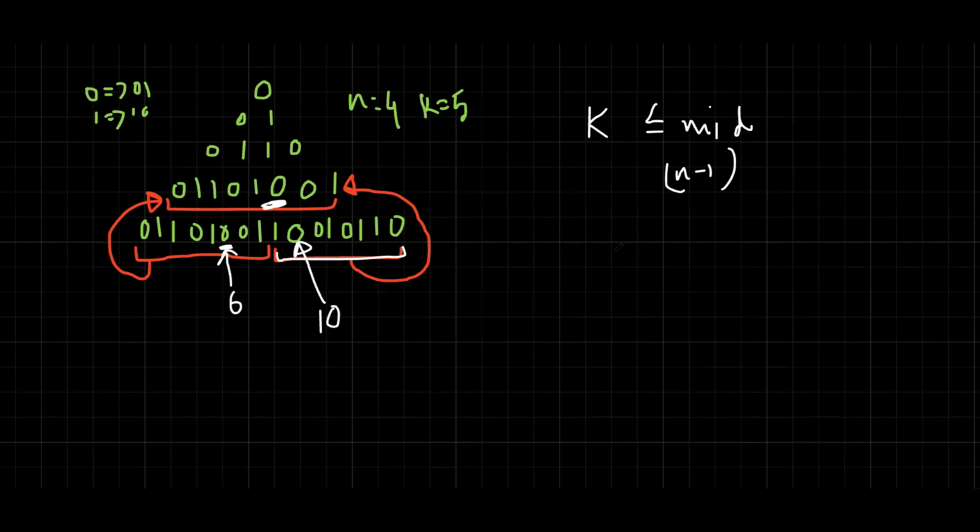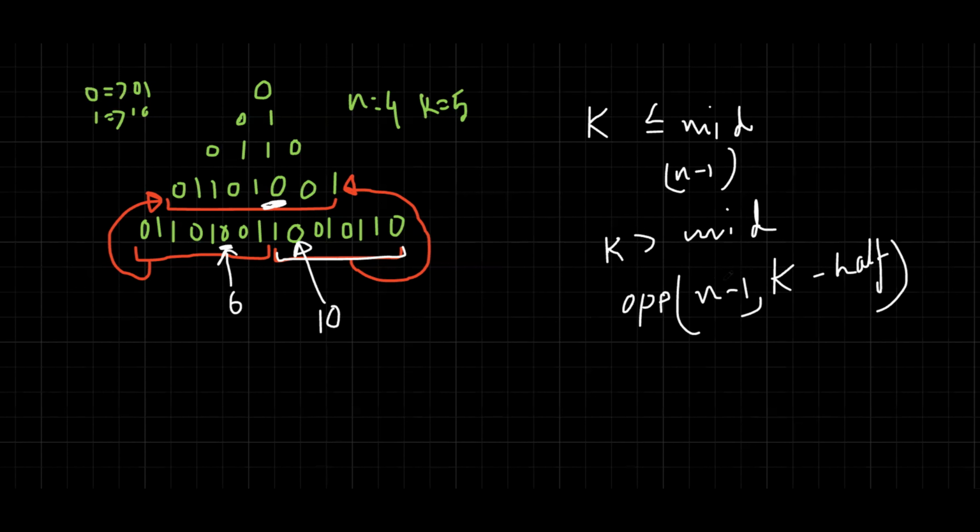If the value of k is greater than mid, then the value is exactly opposite to the previous row's element at k minus half. Let's understand this. Suppose the value of k is 10 here.